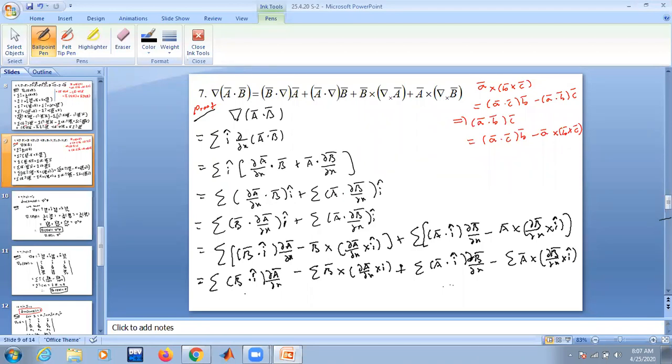Now we know this notation. This notation is nothing but B · del of A, B · del of A.